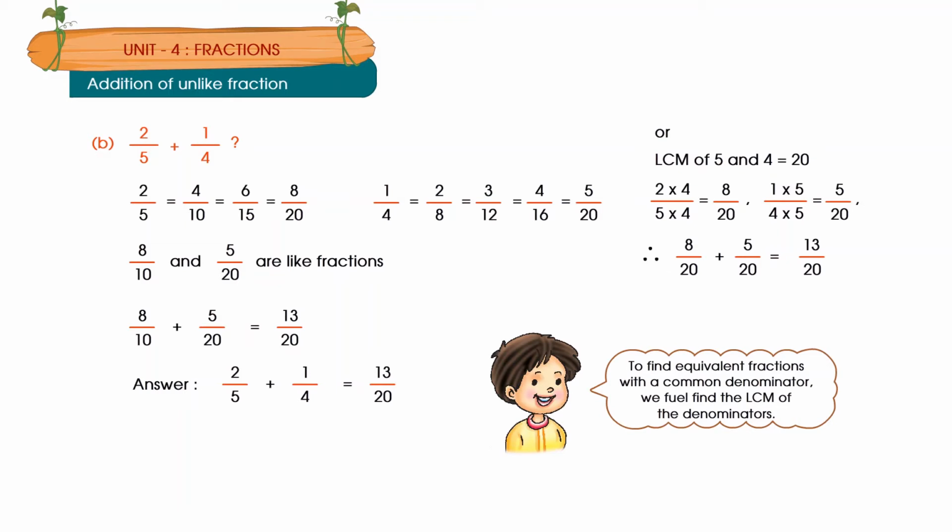C. 1/6 plus 3/4 is equal to how much? LCM of 6 and 4 is 12. 1/6 is equal to 2/12. 6 × 2 is equal to 12, so multiply both the numerator and the denominator by 2. 3/4 is equal to 9/12. 4 × 3 is equal to 12, so multiply both the numerator and the denominator by 3. 2/12 plus 9/12 is equal to 11/12. Answer: 1/6 plus 3/4 is equal to 11/12.